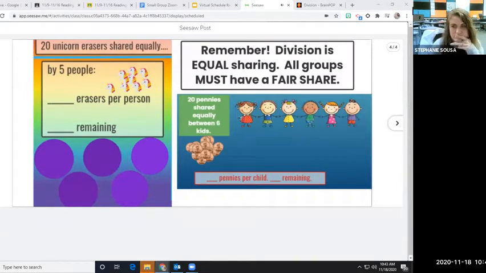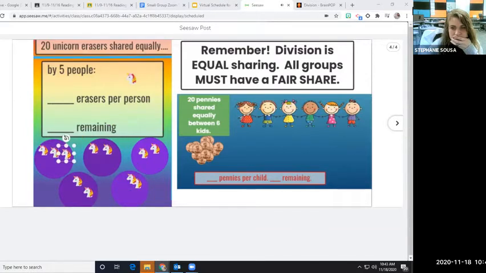So I'm going to go ahead and start grabbing these and putting them into these groups below. 5, you can see I've got the 5 groups, 5 purple circles below. So I'm going to just start dividing these out. 1 for you, 1 for you, 1 for you, 1 for you, 1 for you. Keep going until they're all gone.